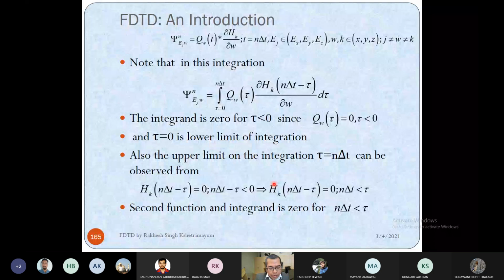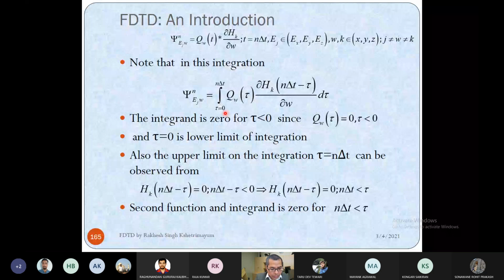That means beyond the value of tau which is greater than n delta t, this function is 0. Second function is 0. So obviously this integration should actually end at n delta t, because beyond that this function is already 0. So the range of integration is going from tau equal to 0 to tau equal to n delta t.